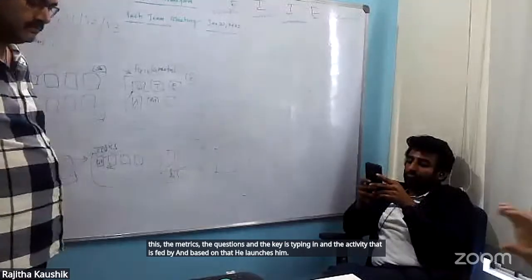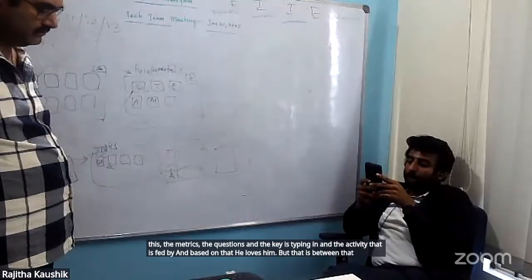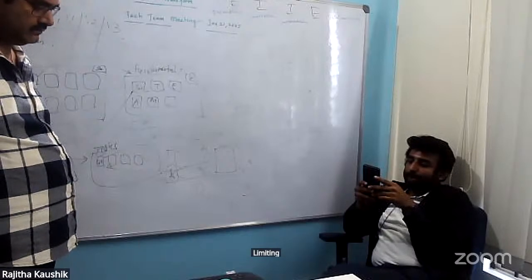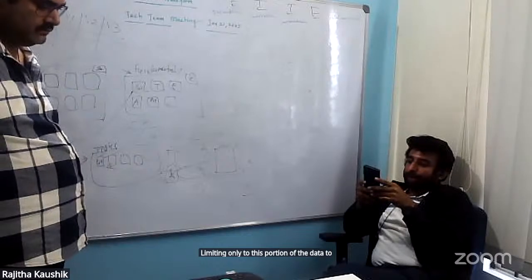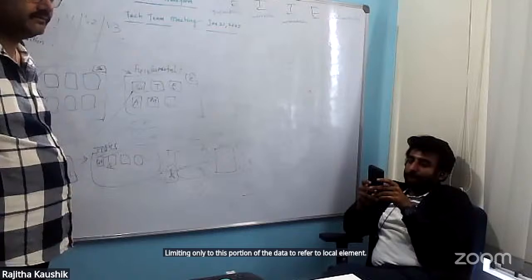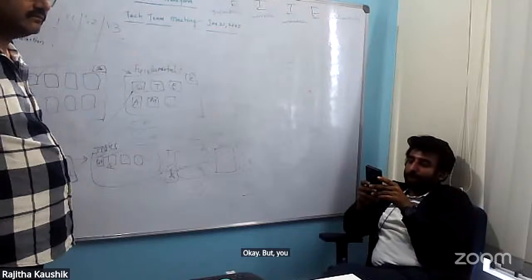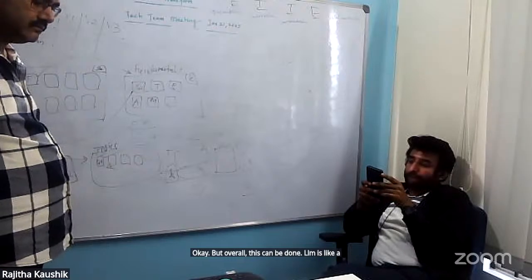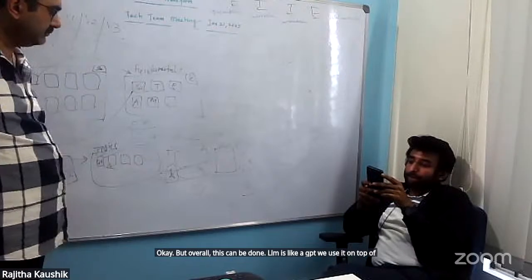But that is within that. What the local LLM is doing is limiting only to this portion of the data to refer to. But overall, this can be done. The whole LLM is like this GPT. We use it on top of Gemini. That's all.